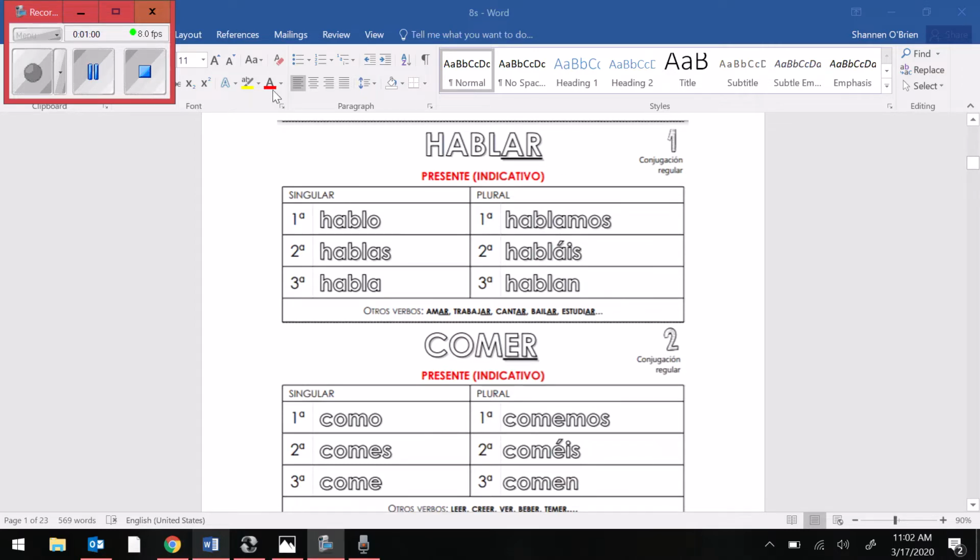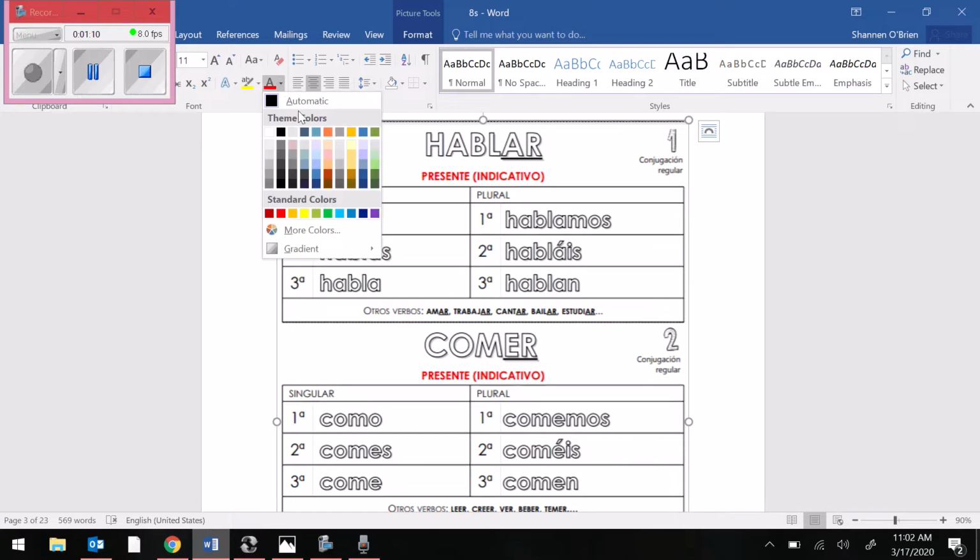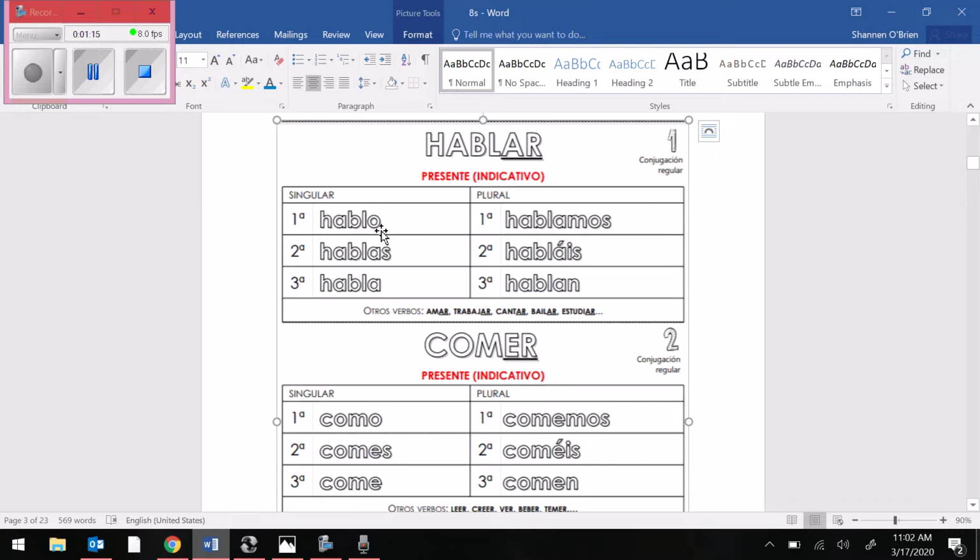What I'm looking for, I can't color because this is just a little image on my packet for you guys. This is an image, but if this were your packet, I would be taking a blue. I'll turn my thing to blue, and I would color in the letters o, as, a, amos, áis, and an to indicate that those are the endings for an AR verb.